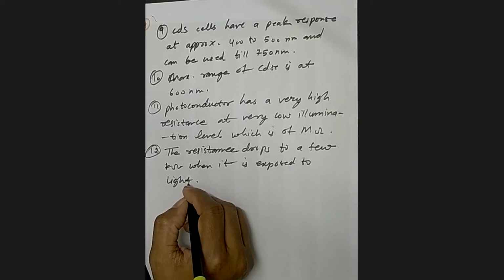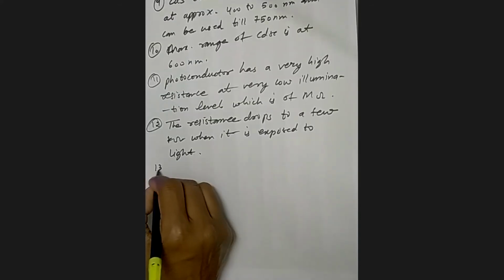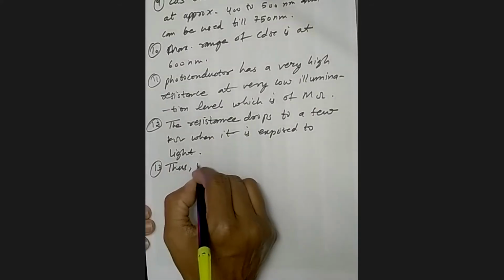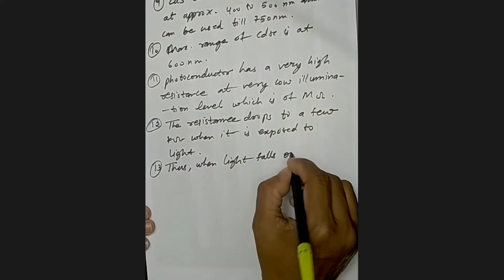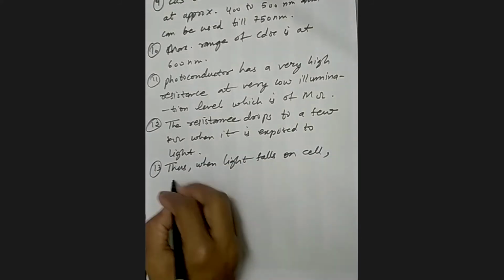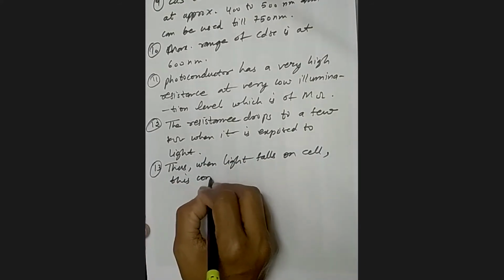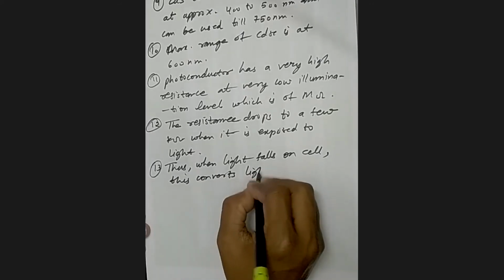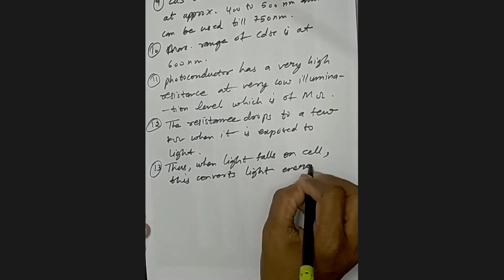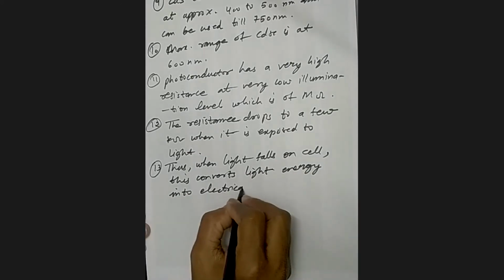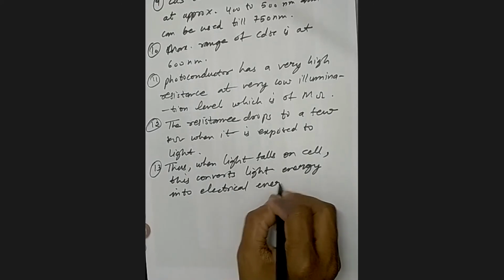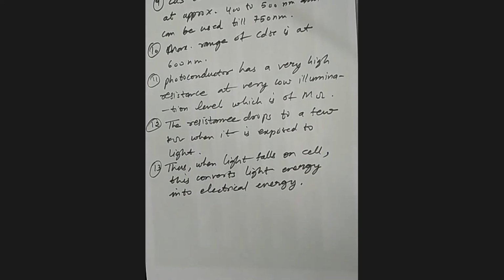So in this manner, the photoconductive cell is acting as a transducer, which is doing the conversion of light energy into electrical energy. So this much about the photoconductive cell.